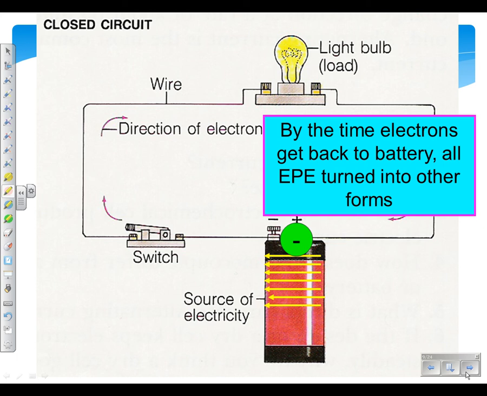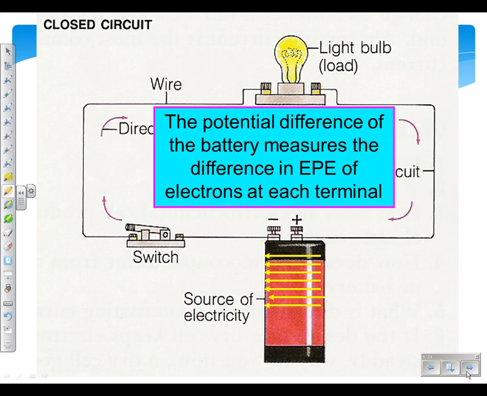Okay. Let me introduce the next term, and then that'll get us into tomorrow. Last part. This is kind of the important part. The potential difference, or the voltage of the battery, remember, potential difference and voltage are the same thing, measures the difference in the electric potential energy of the electrons at each terminal.